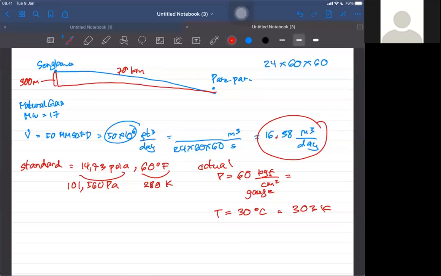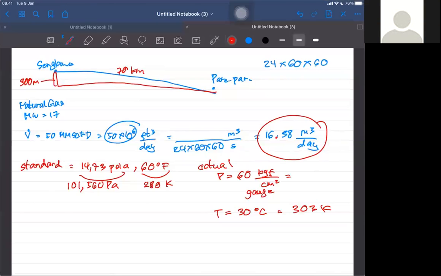Also, sir, that's in square centimeters, so we need to change it to square meters as well. Just directly change into Pascal and add 101,325 Pascal. No, because it's different.